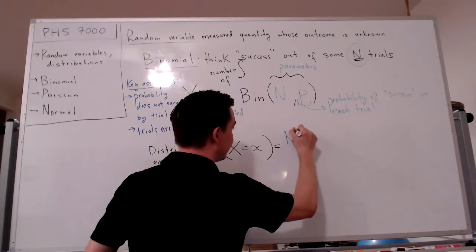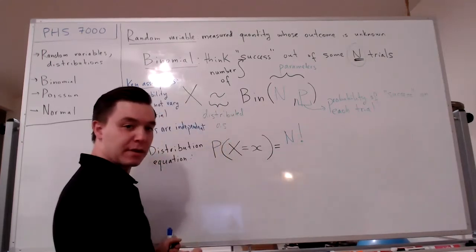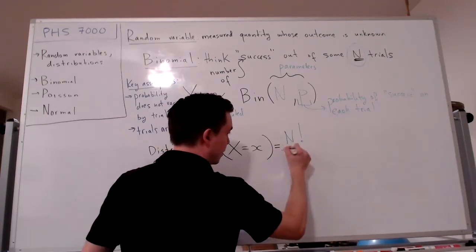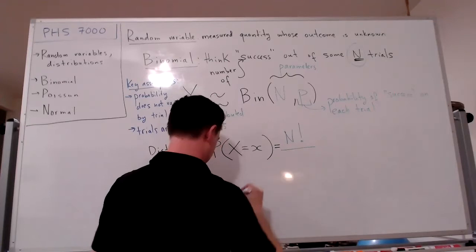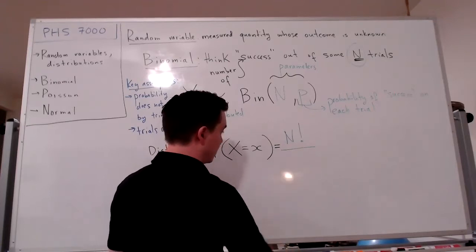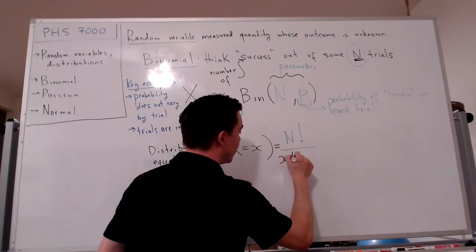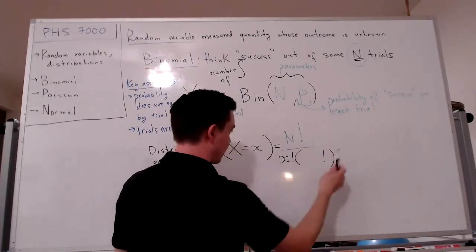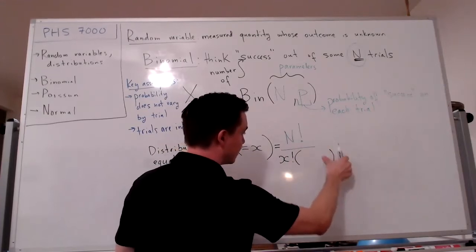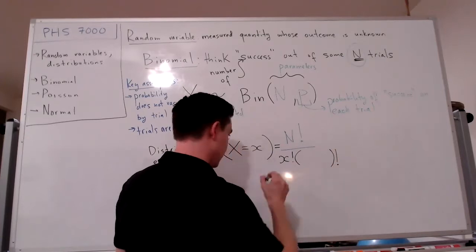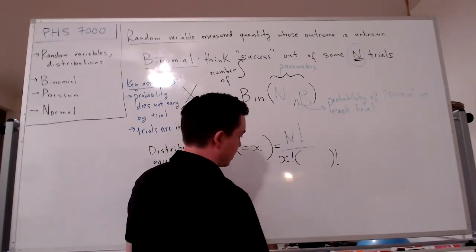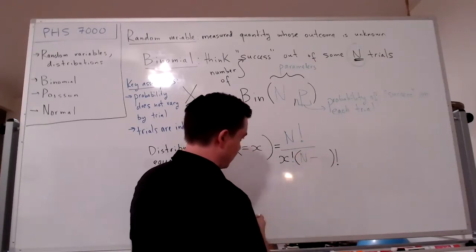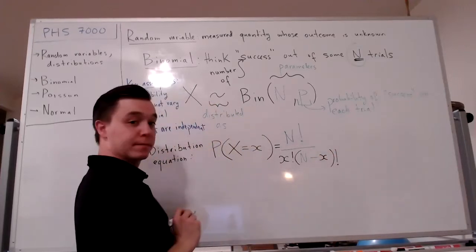So here is n factorial, divided by x factorial, and (n minus x) factorial.